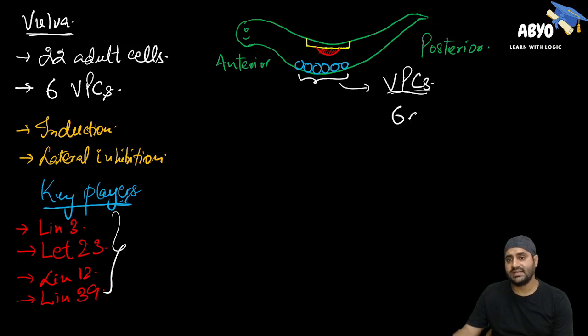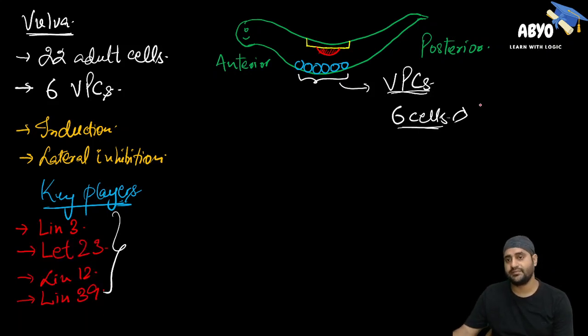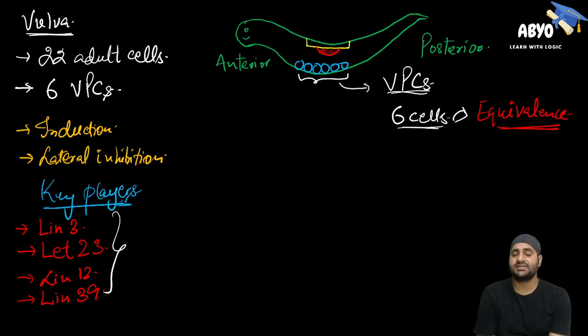All these 6 cells make one equivalence group. They are said to be an equivalence group because every single one of these cells has the capacity to give rise to vulva. That is the reason why they are called vulval precursor cells.